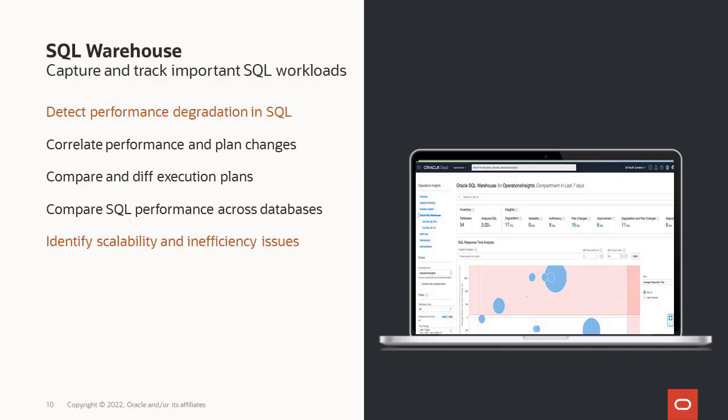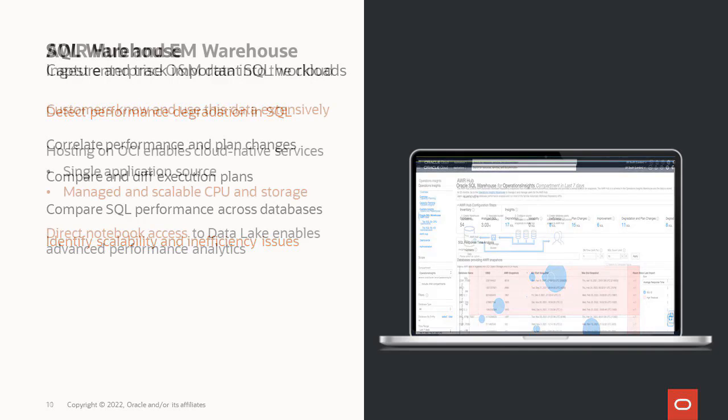And identifying scalability and inefficiency issues, right? So looking at your SQL workload and determining where there may be non-scalable work taking place, or if there's gross inefficiency, contention, let's say.